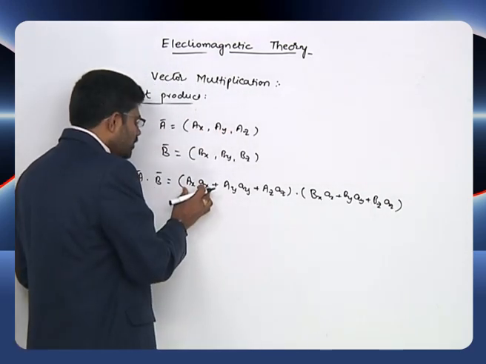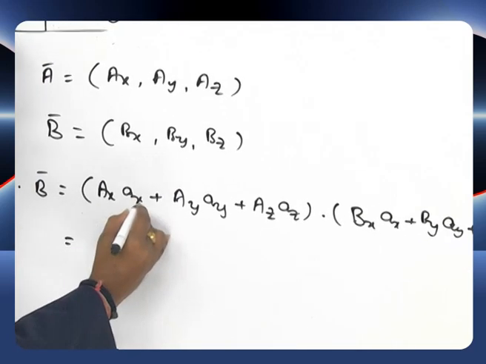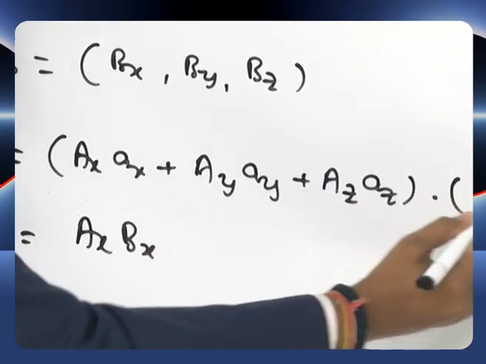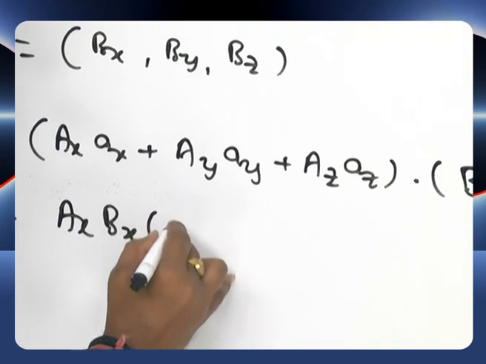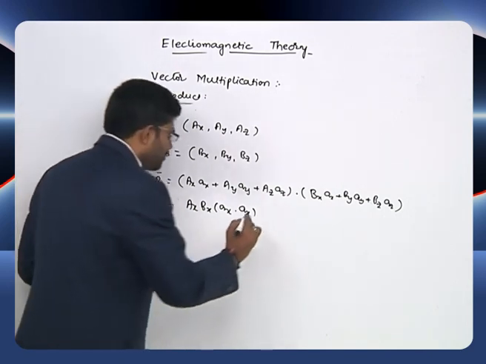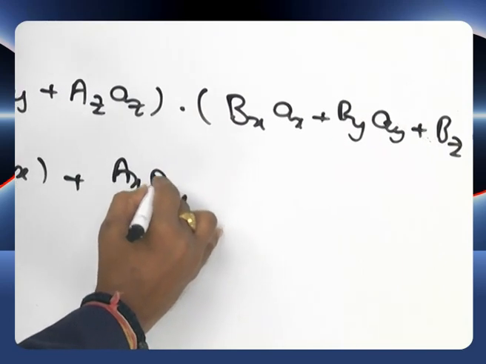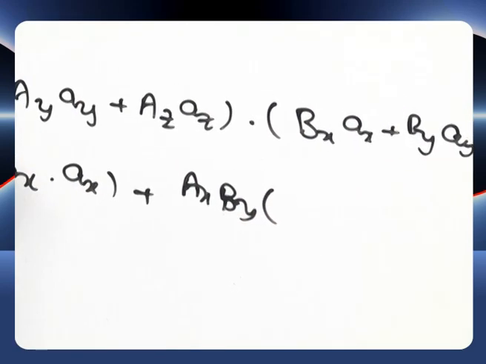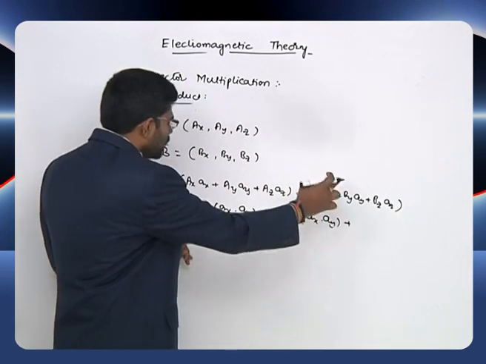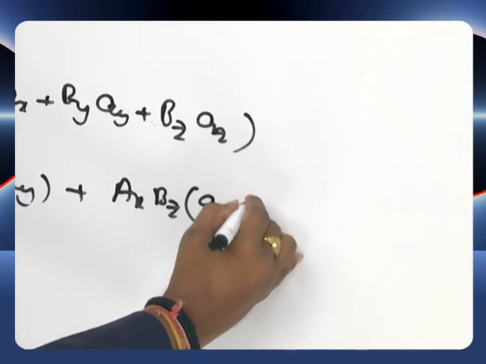Right. Now what you have to do is just multiply this, term to term. If you are multiplying this ax, ax with this entire term, then what will we get? Ax bx, that is the two constants or parameters, and the dot product will take place between ax and ax, that is ax dot ax, plus ax by, and the dot product taking place between ax and ay, that is ax dot ay, plus the third term ax bz, this is ax dot az.